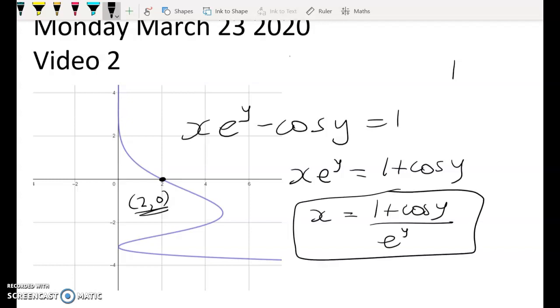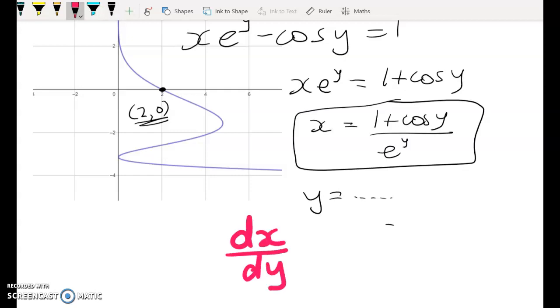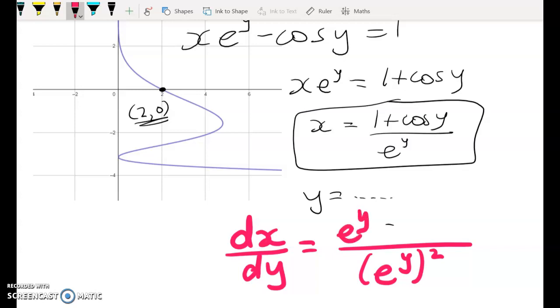Well, I've got a clear link between x and y. I can't find y as blah blah blah in terms of x, but that doesn't matter. I've got enough that I could go ahead and find dx by dy. So to do that, we'd do the quotient rule: square this, copy this up, differentiate this top line.